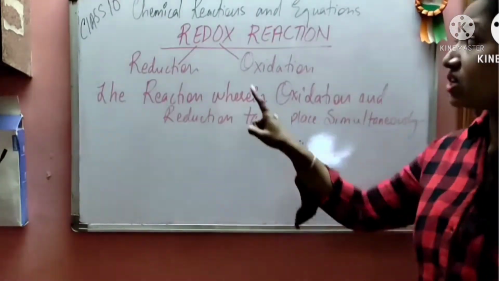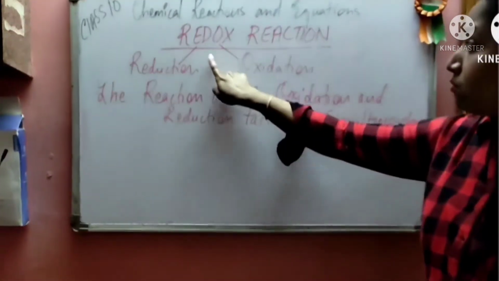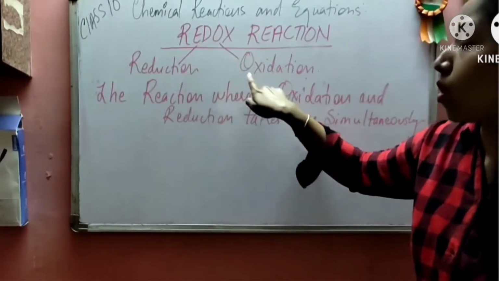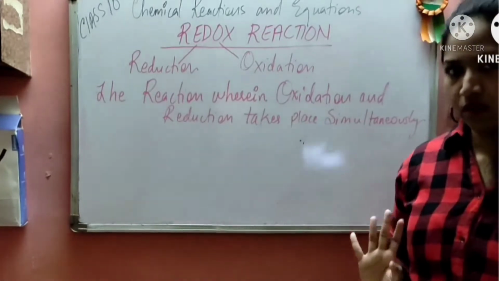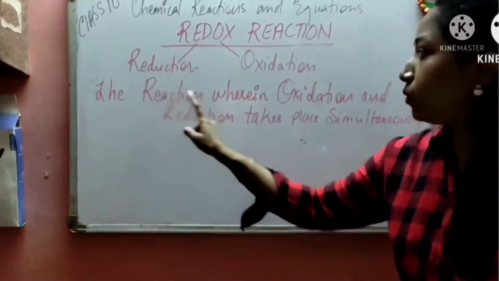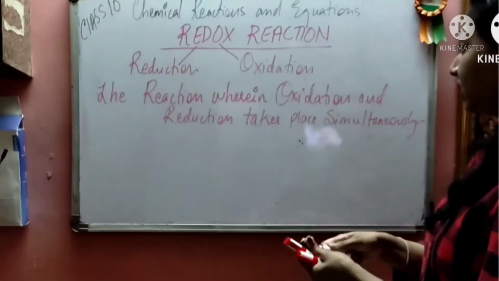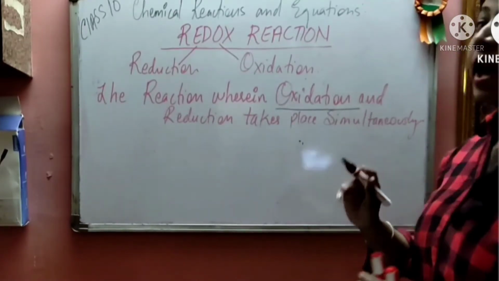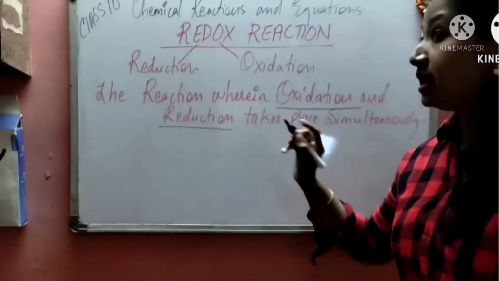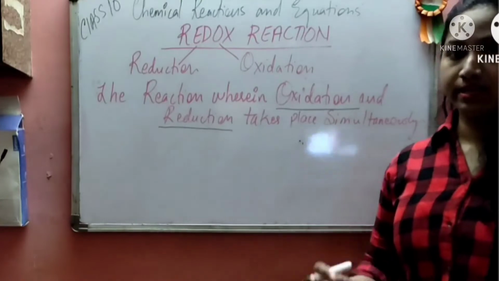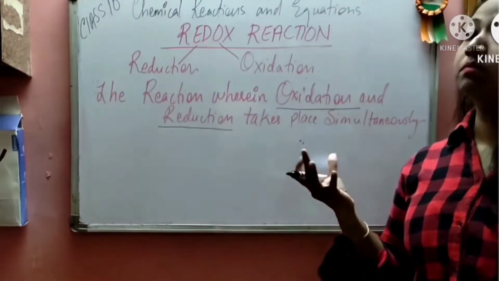What is a redox reaction? It goes by name. It involves reduction as well as oxidation in the name itself. So the reaction wherein oxidation and reduction take place simultaneously, at the same time.